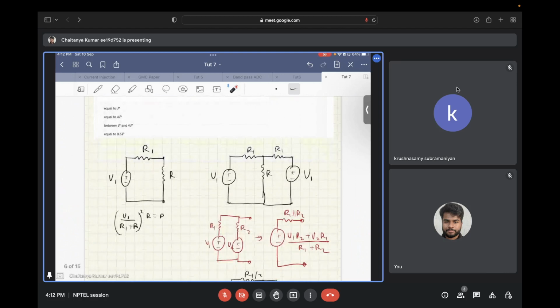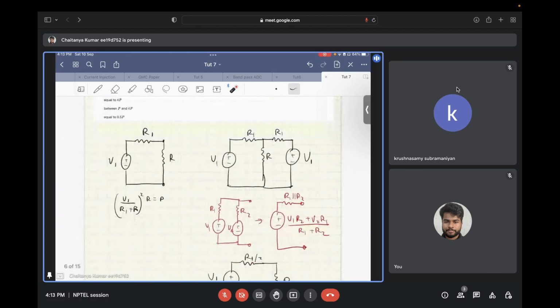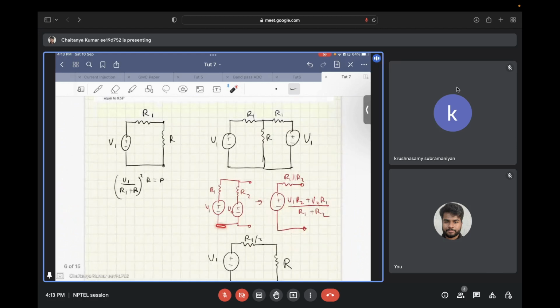Now, when we have two identical Thevenin equivalents connected in parallel, we discussed in the previous doubt solving session that if we have multiple non-ideal voltage sources with non-zero series resistance in parallel, the equivalent voltage is V1 R2 plus V2 R1 upon R1 plus R2, and the resistance that comes in series is R1 parallel R2.